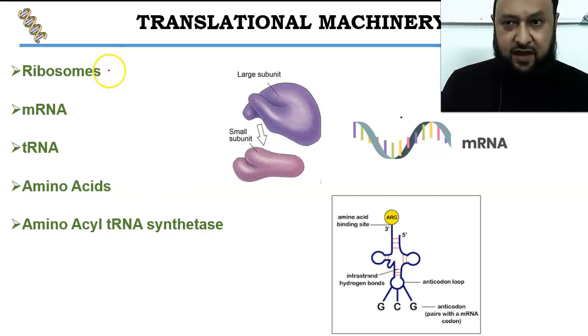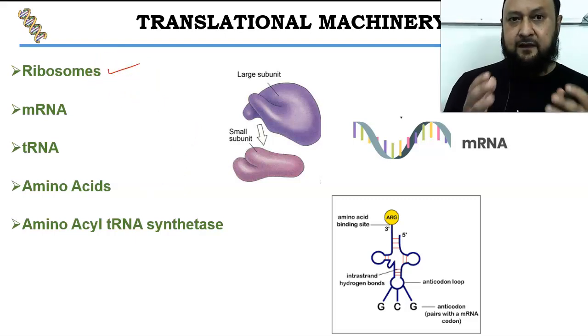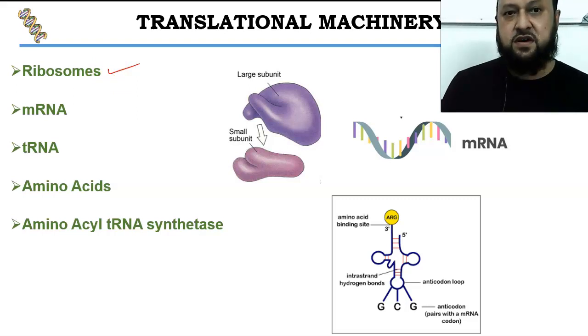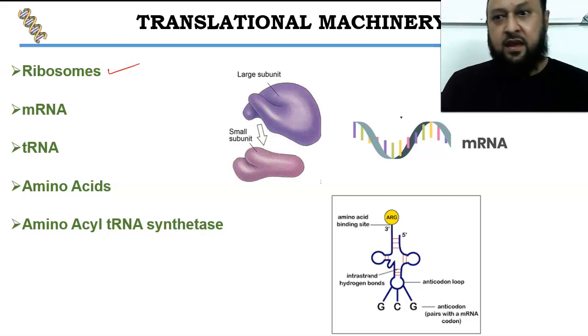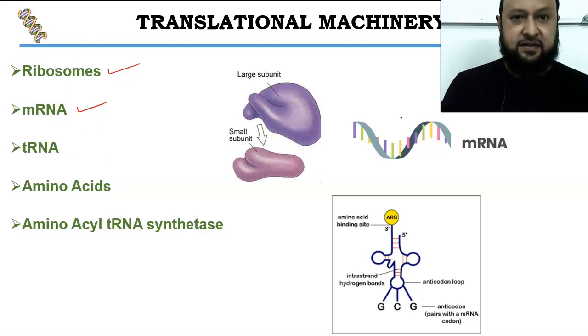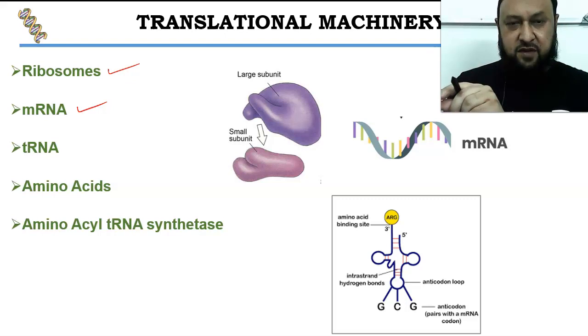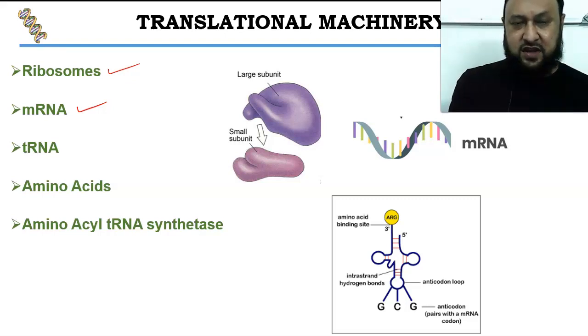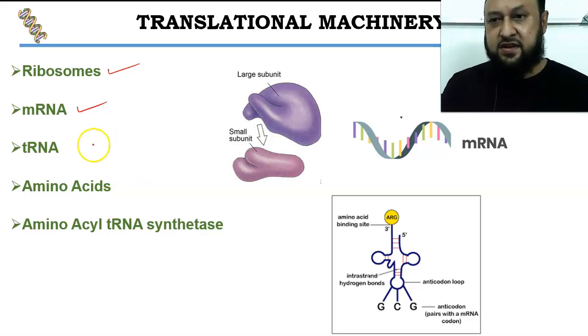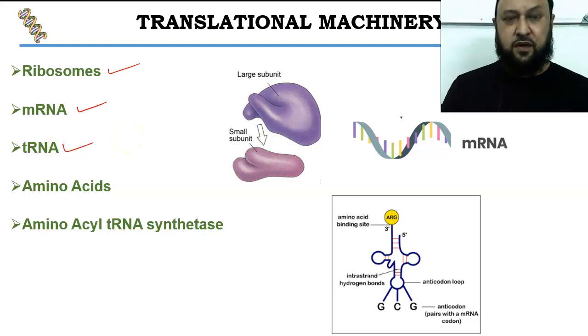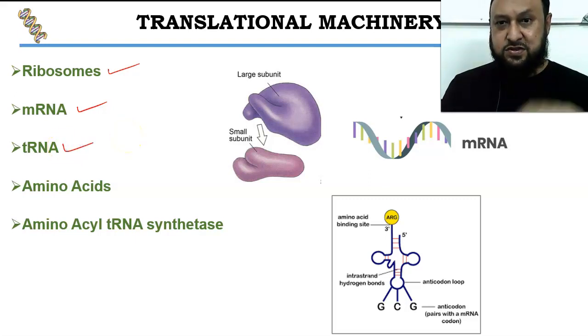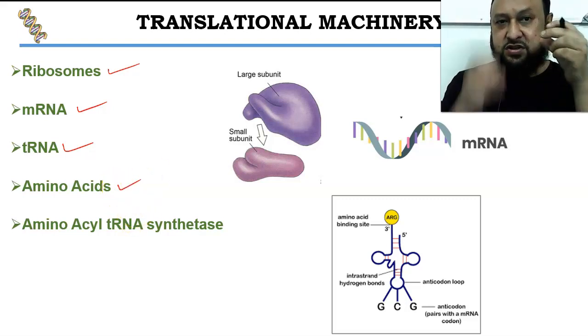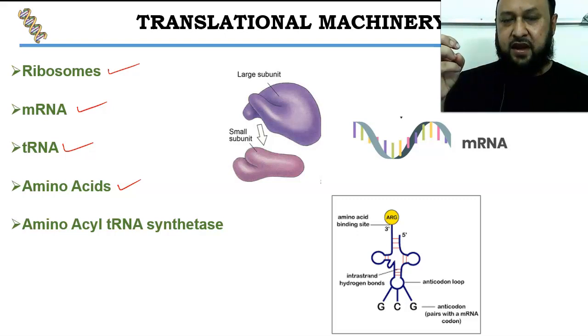These are the ribosomes, as I told you earlier, also regarded as the factories of the protein. Then mRNA, the single stranded template, brings the information from the DNA to the cytoplasm, to the ribosome. Then transfer RNA is responsible for carrying the amino acid to the ribosome, and amino acids are the monomeric units that need to be joined to form the polypeptide chain and subsequently protein. Okay, right?